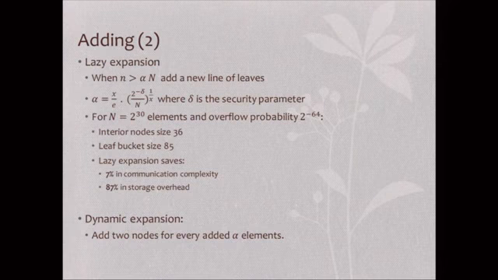So what's the lazy expansion? The lazy expansion was slightly presented by Gentry in their paper, when they say that at a level of a normal binary tree, the expected number of elements is 1, and you have a number of blocks which is log n. It doesn't make any sense.